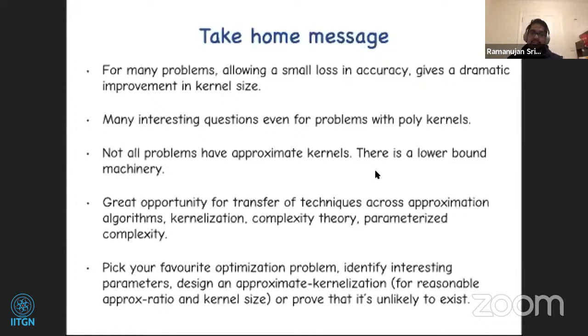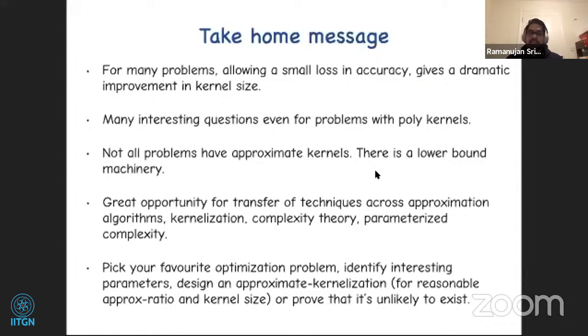And we've already seen quite a few problems for which there are some non-trivial approximate polynomial kernels. The second thing, again, I wanted to remind you that this viewpoint need not be restricted only to problems without polykernels. Even for problems with polykernels, you can ask, okay, what if I now allow approximation?